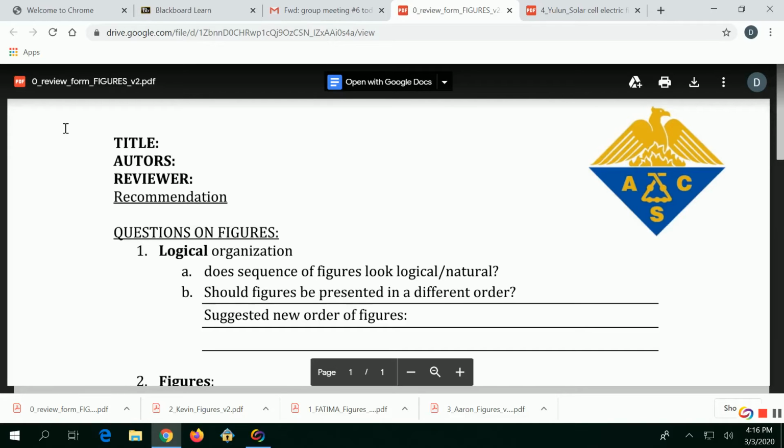Later, when looking at the body, it is preferred to see the figures provided in a sequence that follows this logical trend, starting from a schematic diagram and model, to basic ground state electronic properties, to something more advanced like evaluation of spectral dynamics.